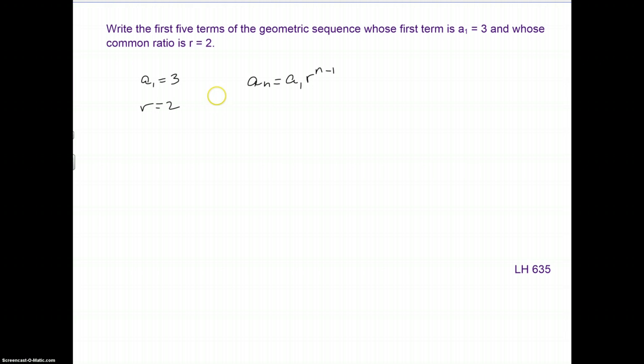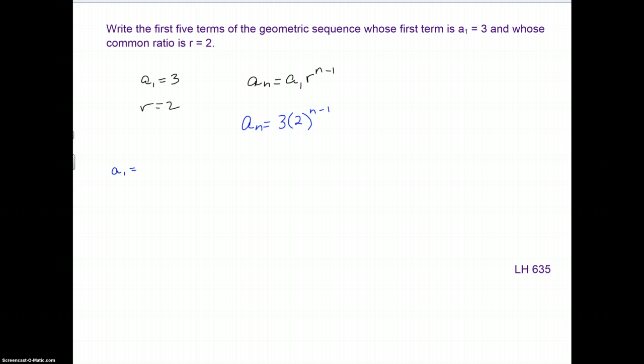Knowing that, we can plug in what we know. We know a1 is 3, we know r is 2, to the n minus 1. So let's get the first 5 terms.